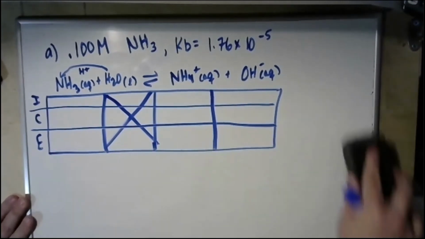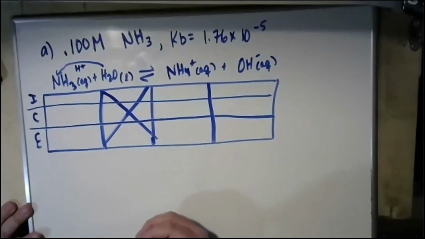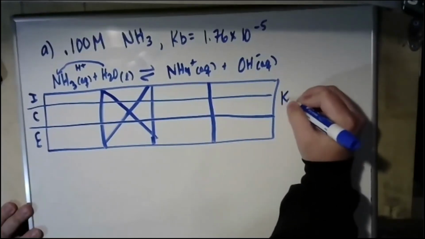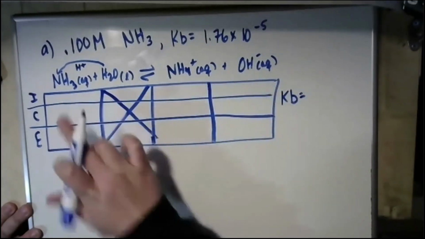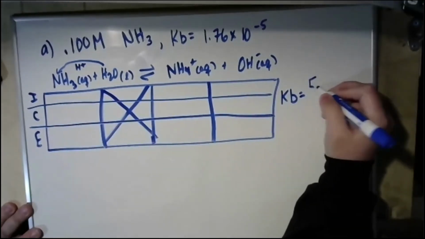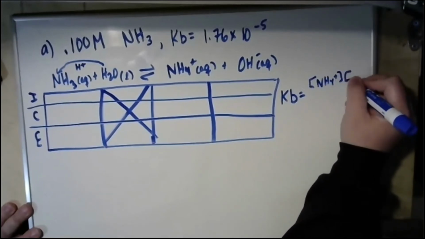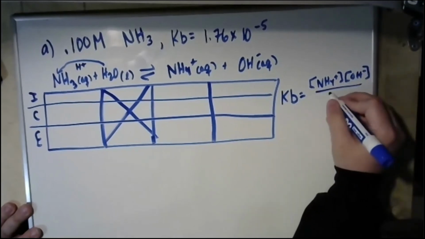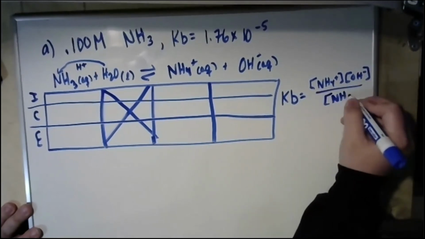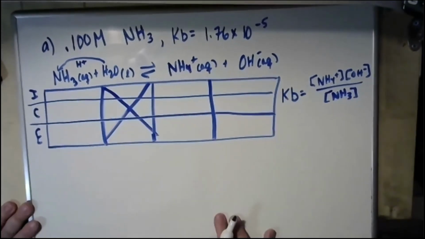We write a Kb expression the same way we write any other equilibrium expression. Kb is going to be products over the reactants raised to the coefficients. So in this case, it's going to be NH4 plus times OH minus divided by NH3, and we leave liquid water out.